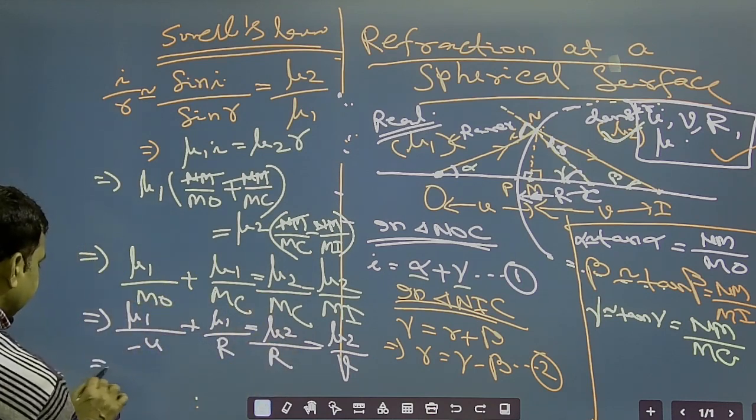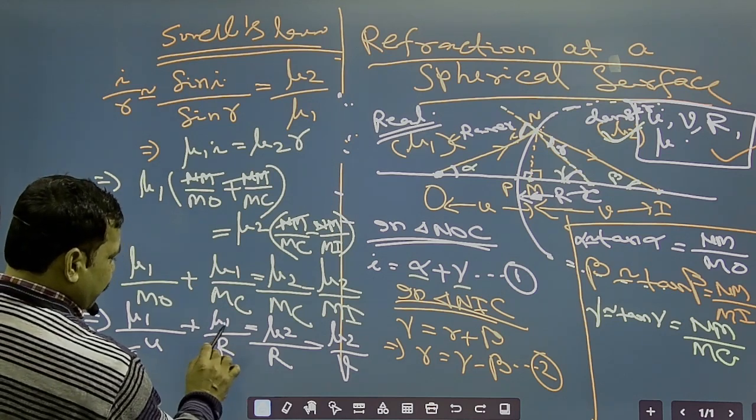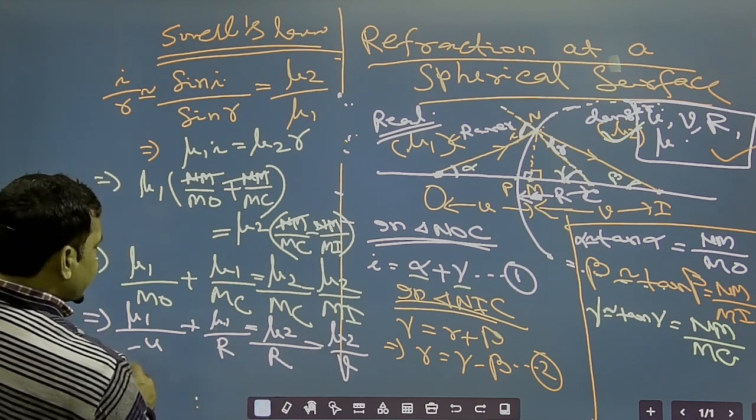So now, segregating the terms, what will you get? Mu1 upon R will be taken to the right side and this will be taken to this side.